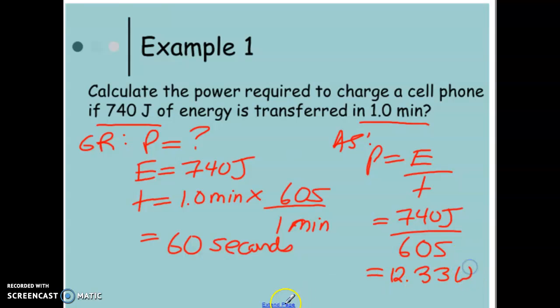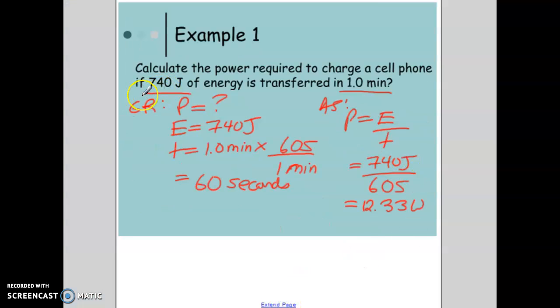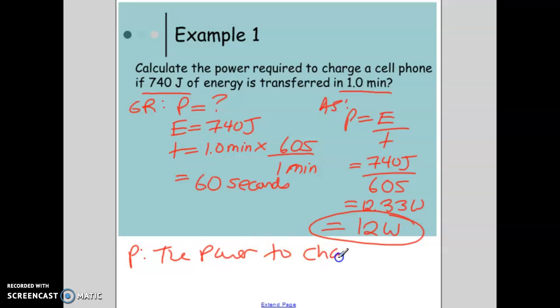That is watts. And for sig figs, now we need 2. 740 is 2, 1.0 is 2. So this would simply be 12 watts. Right? So the power to charge the cell phone is 12 watts.